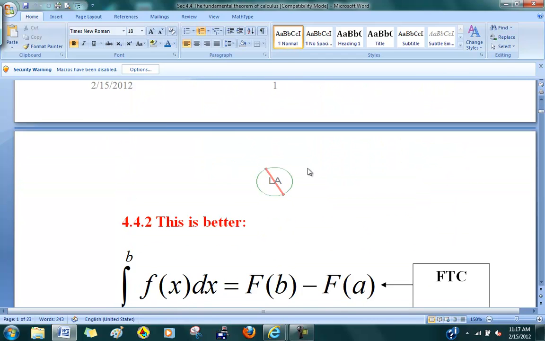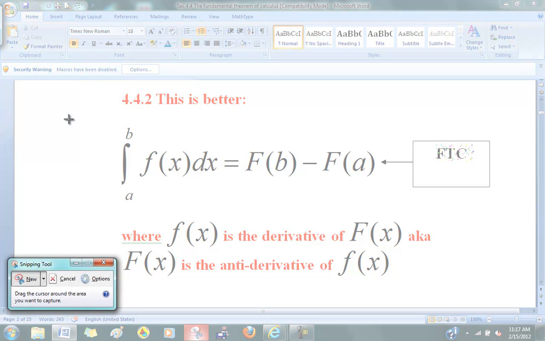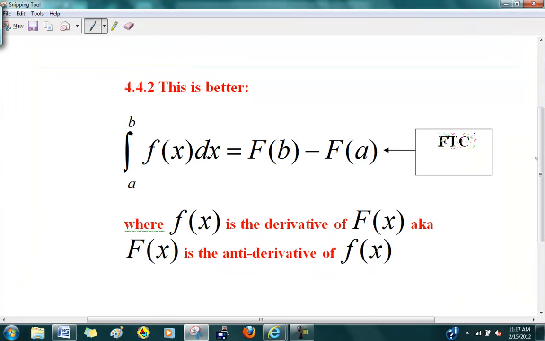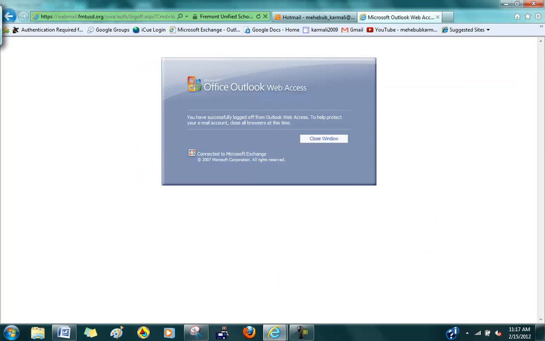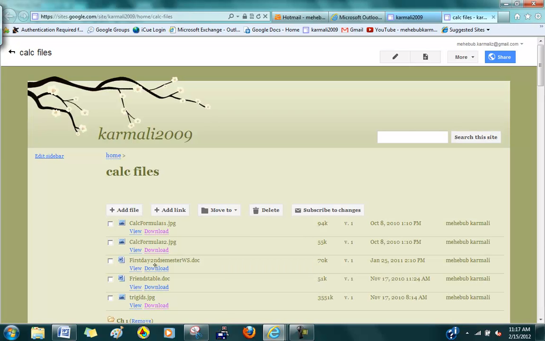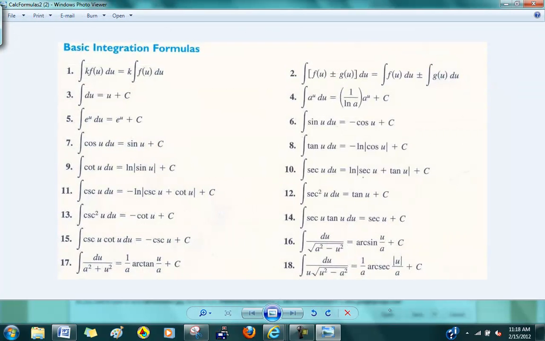All right, so like I just mentioned, it is easier to do the integration technique because you've got a whole bunch of rules for integration. Just to refresh your memory about what rules I'm talking about, if you go to my website, into CP Calc files, and take a look at Calc Formulas 2, there are all your integration formulas.